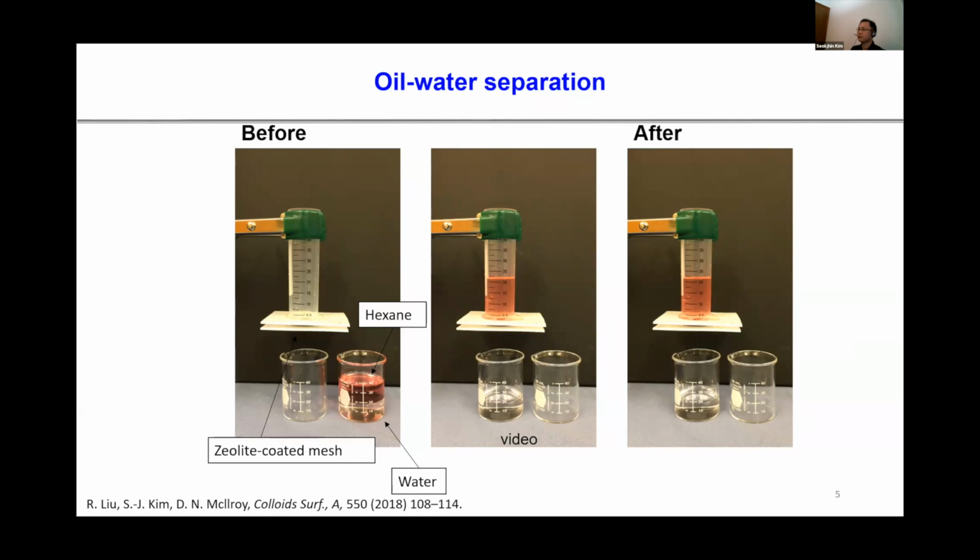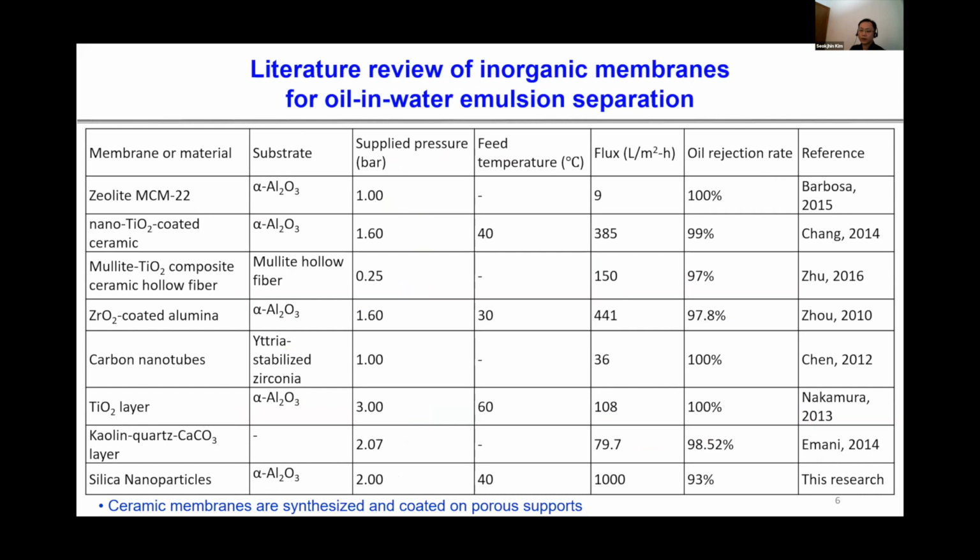However, there is a problem. The produced water is more like a homogenized mixture, like an emulsion. So when we use homogenized produced water solution with this zeolite membrane, it doesn't work. So we did a literature review of ceramic membranes for oil-in-water emulsion separation.